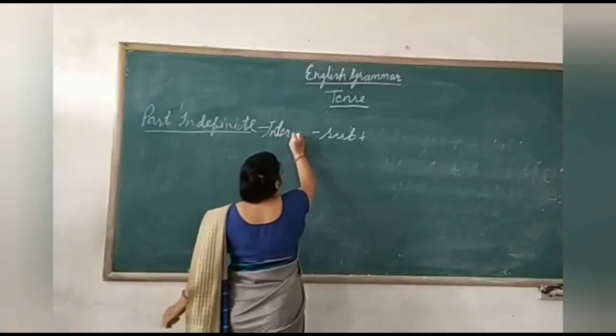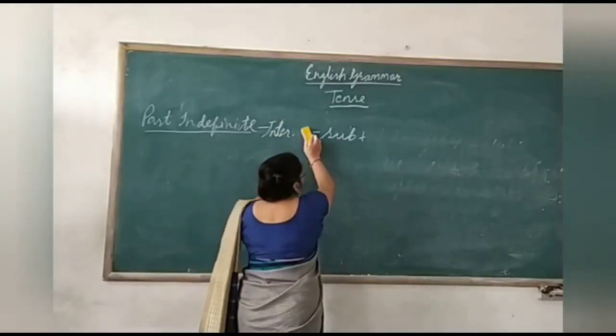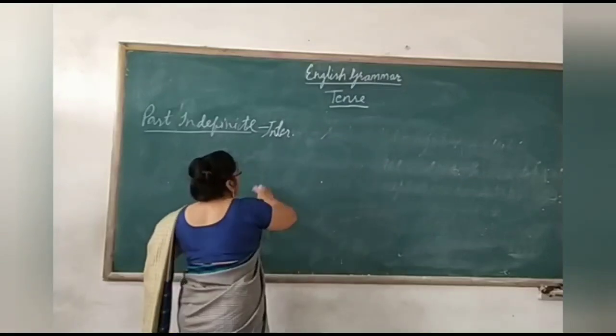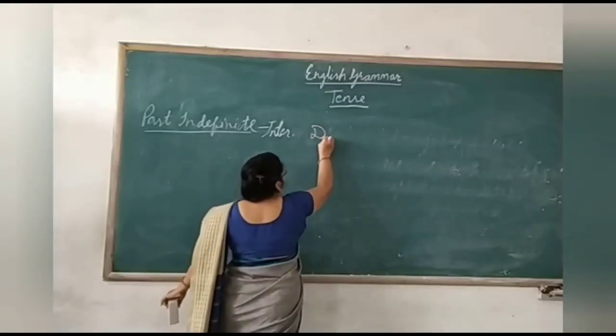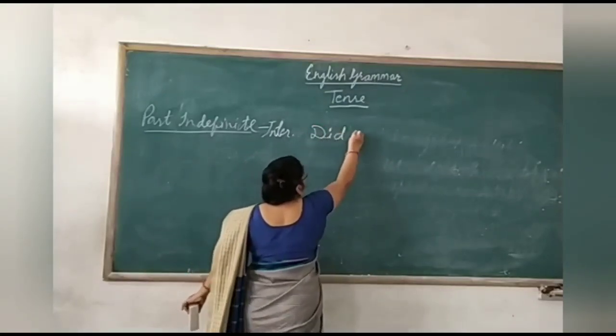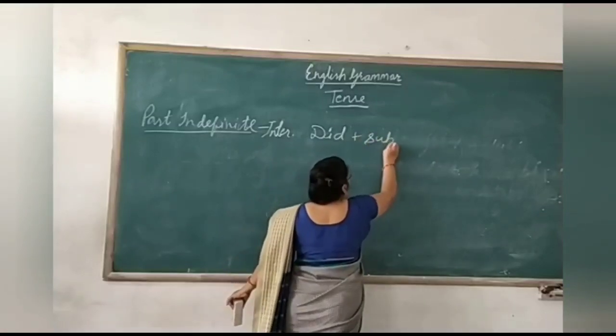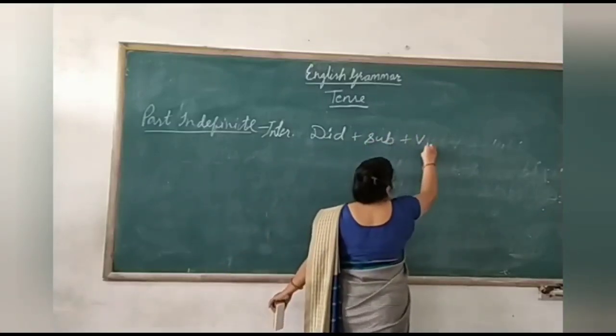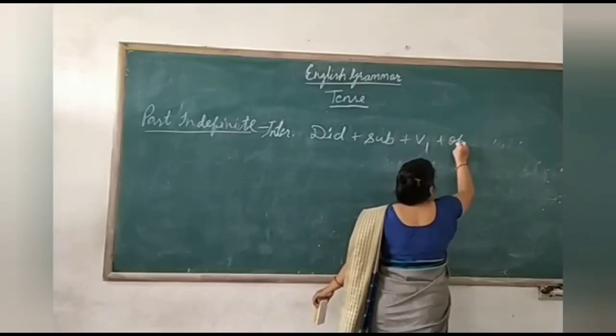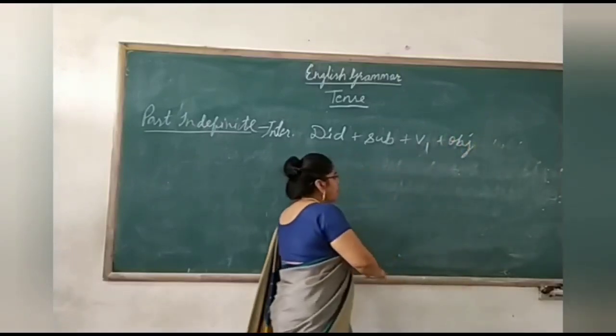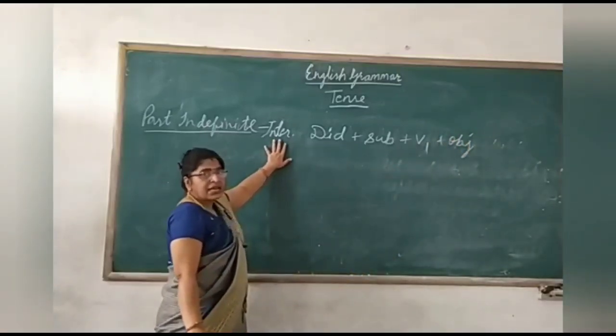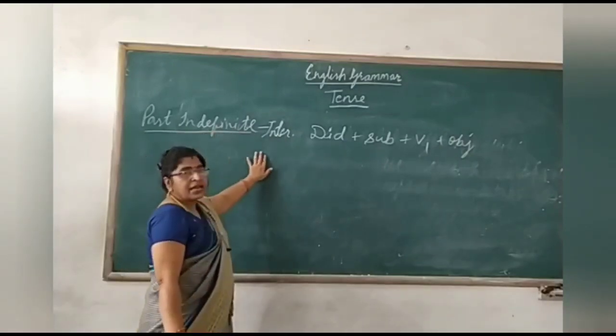See here. Subject, before subject we have to write the helping verb. In this tense, did is there, and after that subject, then V1, then object. This is the structure of interrogative sentence of past indefinite tense.